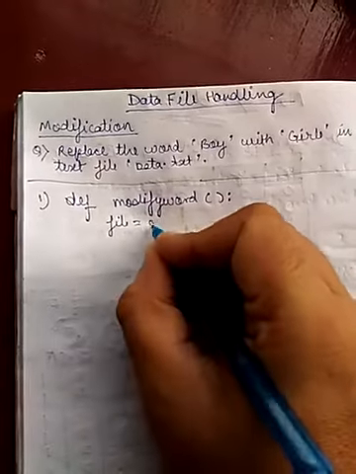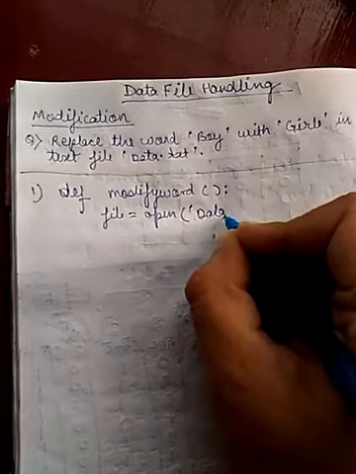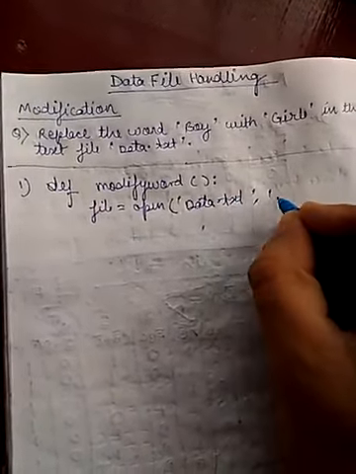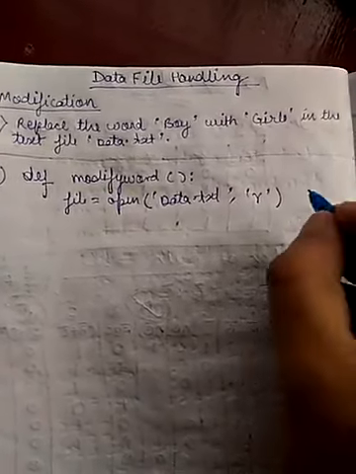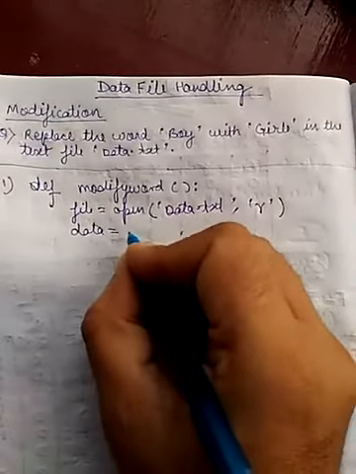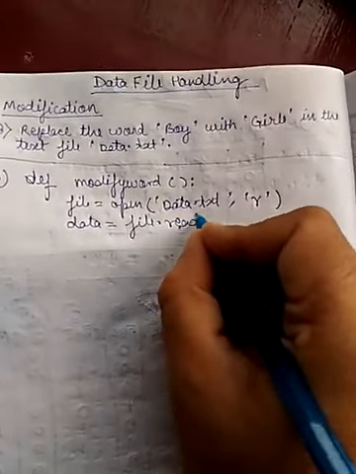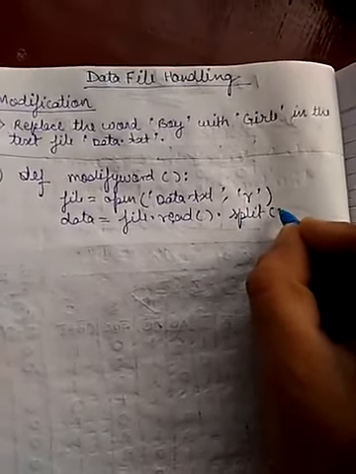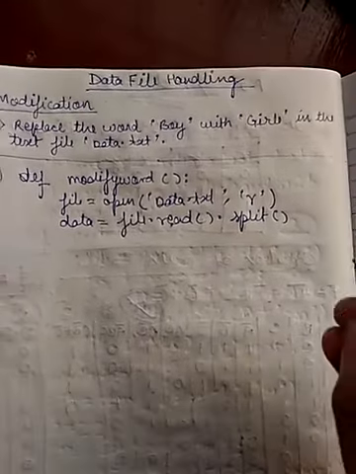File equal to open, then the name of the file, let us say data.txt. We are opening the file in reading mode because we want to read the content of the file. Now just read the data equal to file.read().split(), because I have to read the data in the form of words, that's why we have read the data and split it into words.